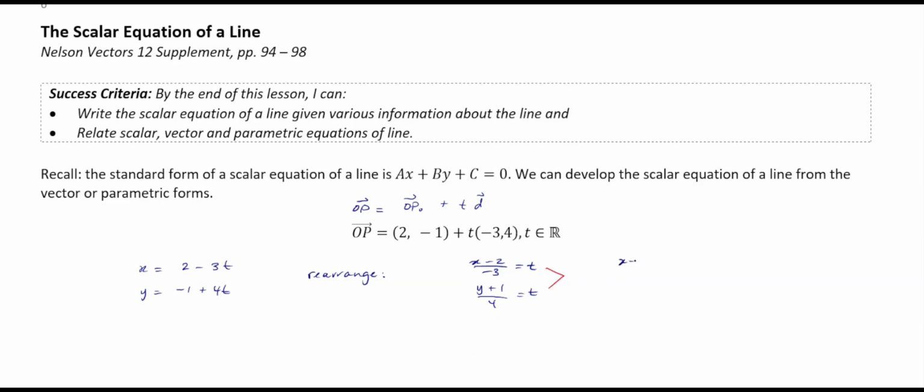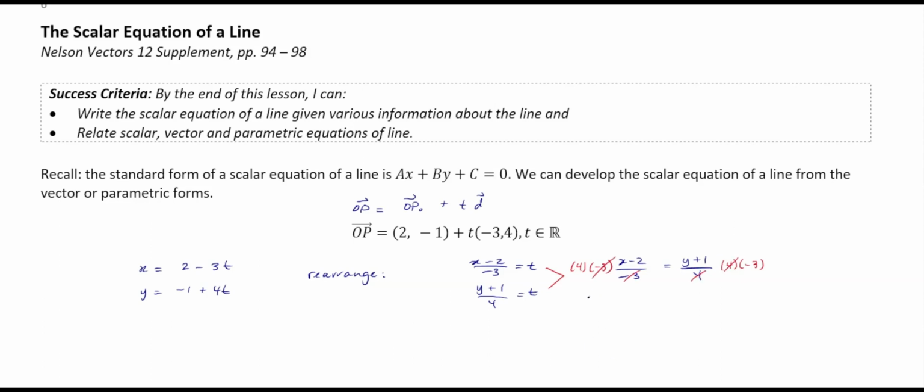So I can say x minus 2 over 3 is equal to y plus 1 over 4. And now that I have this right here, I can take both sides and I'm going to clear the fraction by multiplying by 4 and by -3. So that allows me to cancel here, allows me to cancel here.